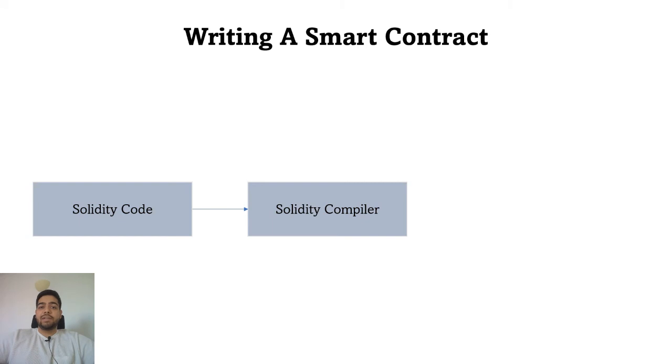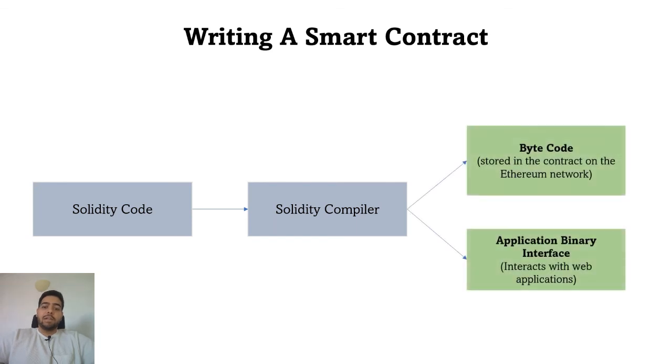And this is the Solidity Compiler. And when you pass your Solidity code to this compiler, it converts your code into bytecode that is actually stored on the network and run on the Ethereum virtual machine or computer. And this is the code that is understood by the Ethereum computer.